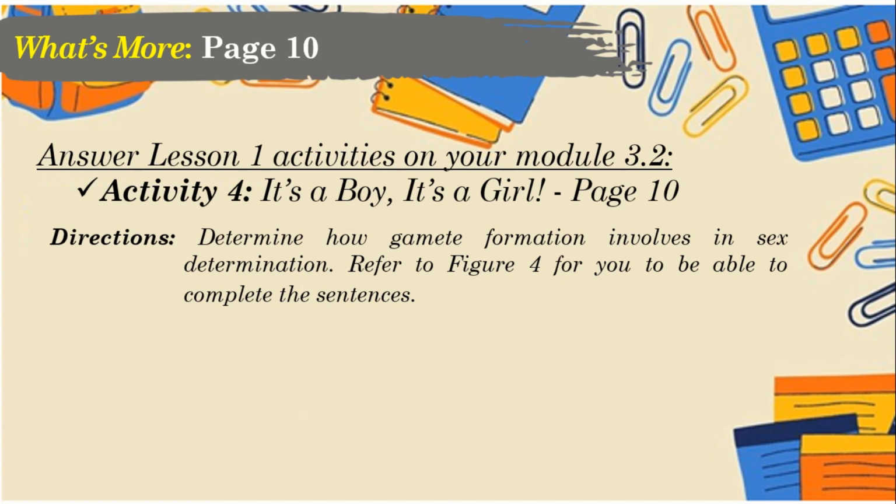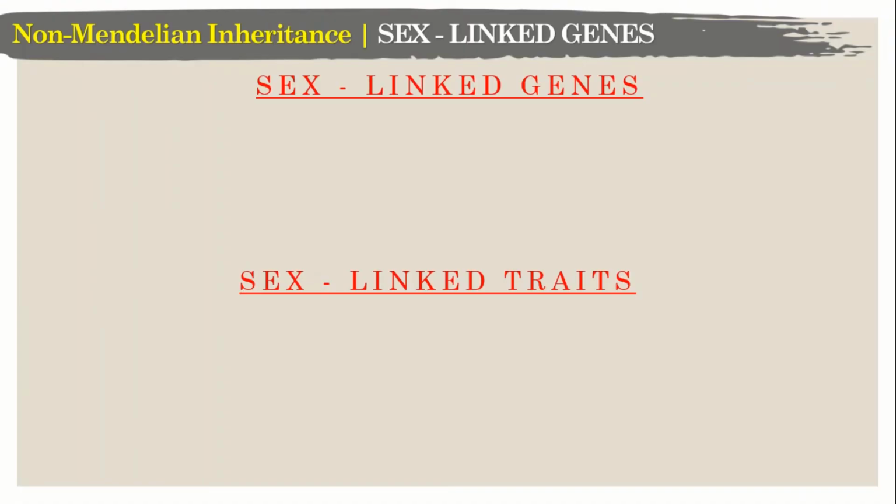Refer to the figure 4 that you have in your module, or you can refer to the figure a while ago yung dinascuss ko sa inyo, for you to be able to complete the sentences in your module. So again, if the father gives Y, chromosomes Y, the son, or rather the offspring, is a male. If the father gives an X chromosomes as the last pair for their sex chromosomes, then that means the offspring would be female. Simple as that.